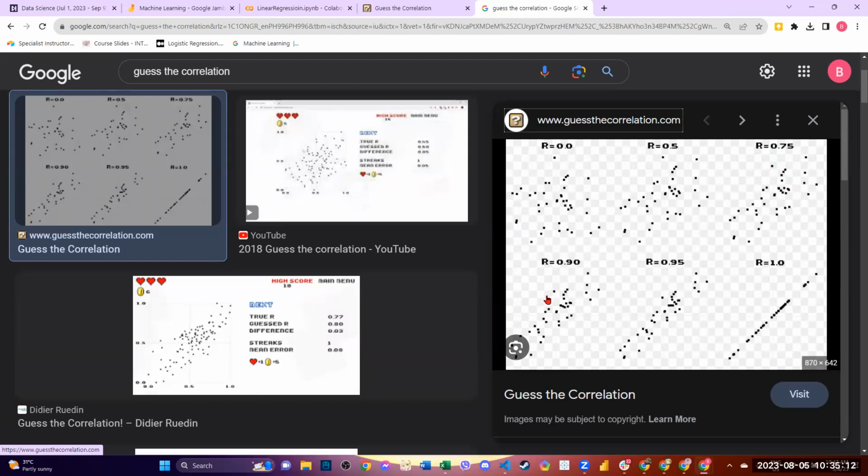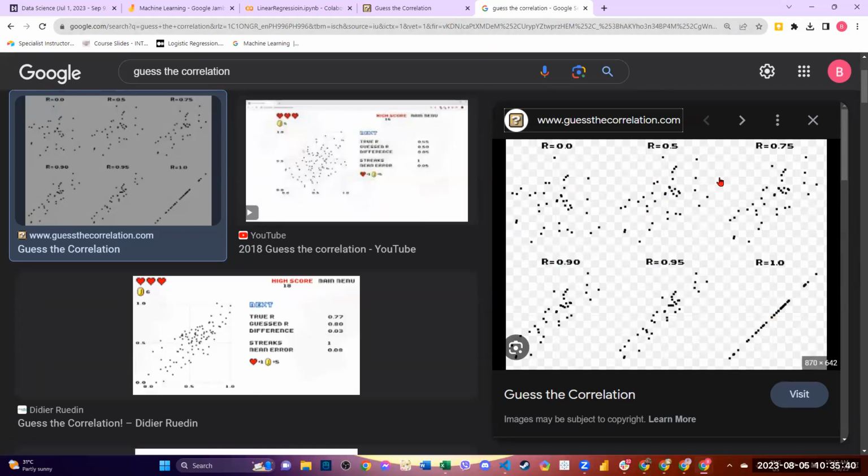And next, on our fourth example, 0.90, the points are getting close with each other. And 0.95, they are some kind of really, really close. And 1.0, they are aligned. Okay, so this is the scaling context.